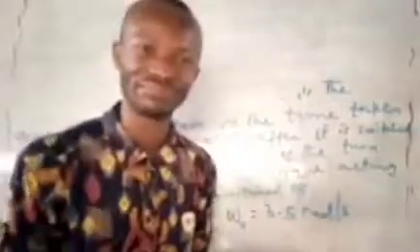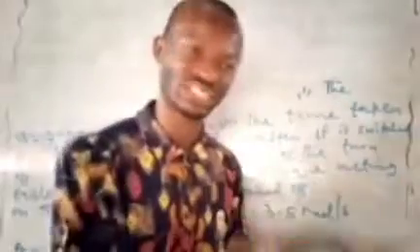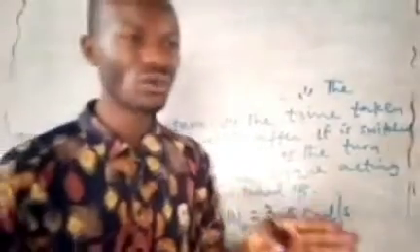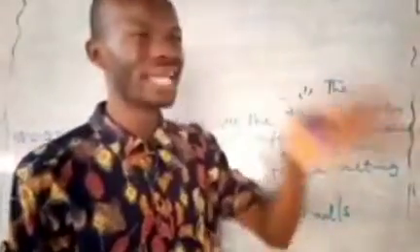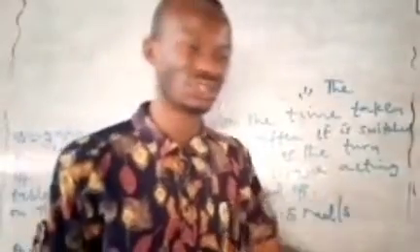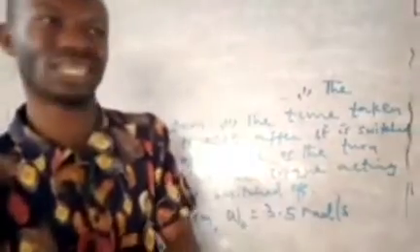Now, the first question is talking about angular momentum. For you to know the formula for angular momentum, you need to know the comparison between translational motion and rotation. You must be able to compare each of the formulas used in translation to the formulas used in rotation. Now, linear momentum.